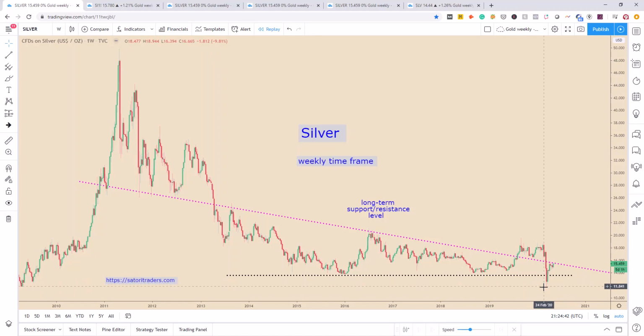The exceptional circumstances here, big scary plunge, however you want to look at that, we're not going to worry about that violating what in my opinion is a long-term support level. That doesn't count, in my opinion.